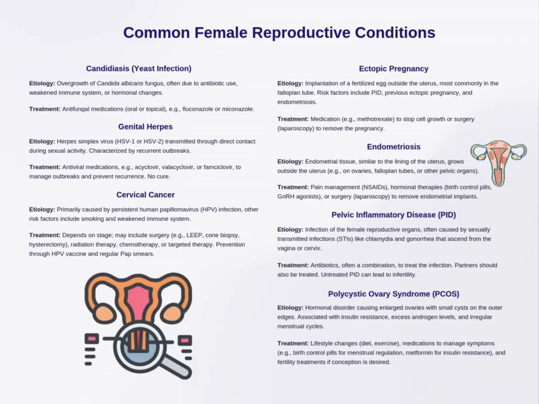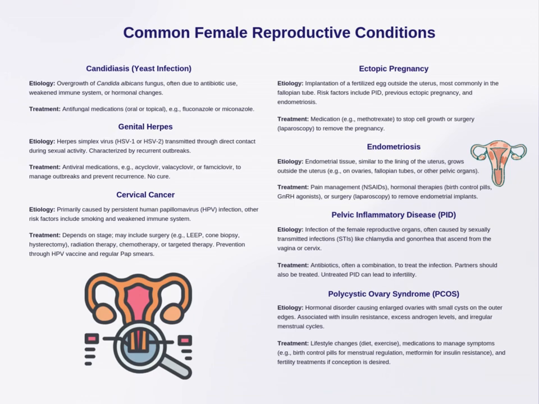Some people have one in their life and never have another one. You just don't know. It depends on how your body reacts to the virus. There is no cure for this. Once you have it, you have it. But for those people who have frequent outbreaks, there are antiviral medications like acyclovir, valacyclovir, or Valtrex that can be taken to prevent the recurrence.